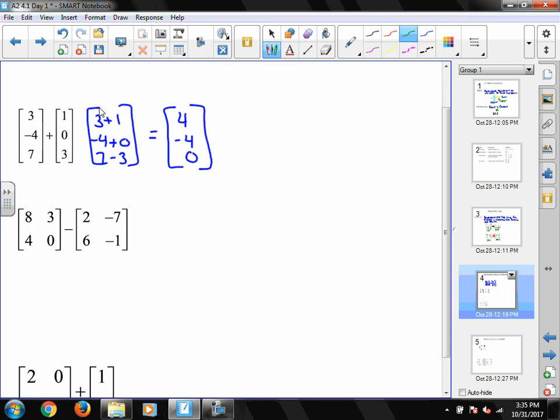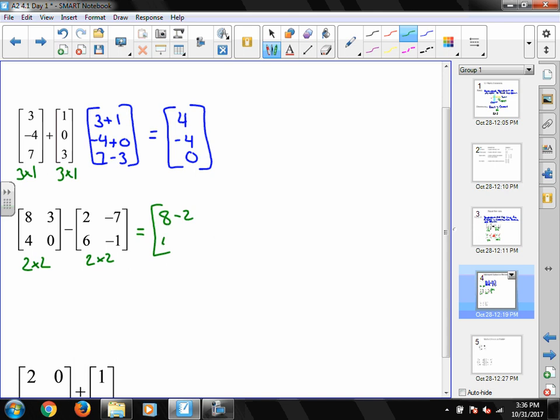If we switch things up and we go to subtraction and we go to a 2 by 2. So this is a 3 by 1. This is a 3 by 1. Now we're dealing with a 2 by 2 and a 2 by 2. Okay. So again, we just go entry by entry. So I'm going to take 8 minus 2, top left from the matrix on the left, top left from the matrix on the right.